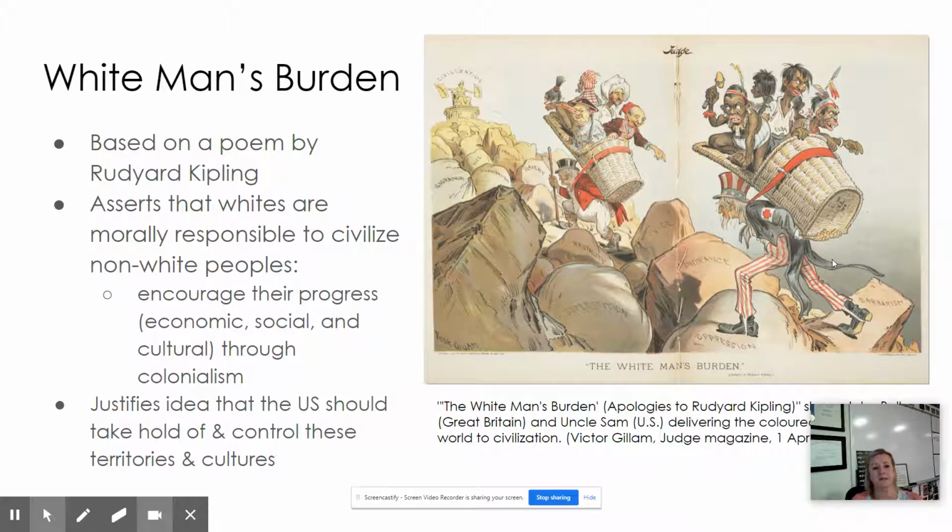Under the white man's burden, the thinking is that whites were going to civilize non-whites and needed to encourage their progress, both economic, social, and cultural, through colonization. Therefore, the white man's burden in social Darwinism really encouraged whites to expand into areas that historically were not white, with the intent of civilizing the people who were there.